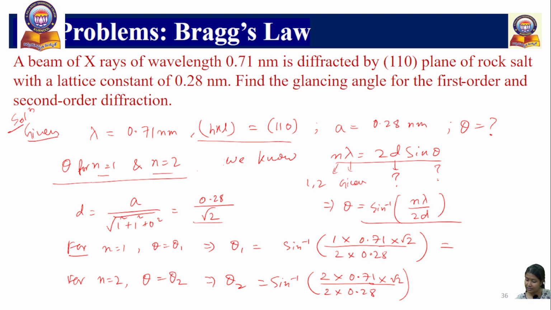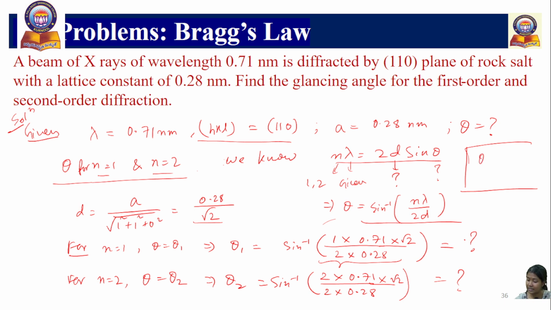Sometimes what happens is that sine theta is more than 1. In one case it is more than 1. If it is more than 1 and a question comes in the exam like this, you have to check these values. I'm not calculating this again; you just use a calculator and put in the values.